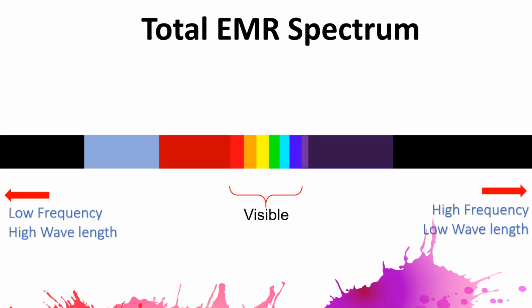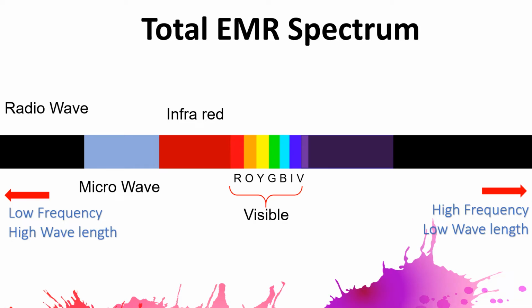For example, just next to the visible light, the frequency lower than red color, we call infrared. And next to infrared, there's a radiation we call microwave. And the very low frequency part, or we can say high wavelength part, we categorize as radio waves.